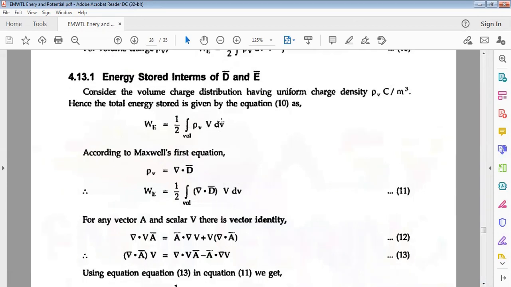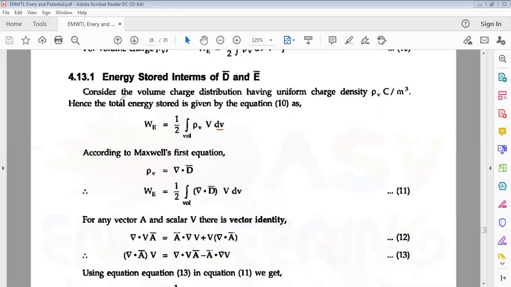Here the v in dv is not the potential, my dear students, it's the volume. This V is the potential. Don't think that it is the integral of v dv, which would be v square by 2. So this V is the potential and this v is the volume. Okay. So in the integral, rho v into V is a constant.